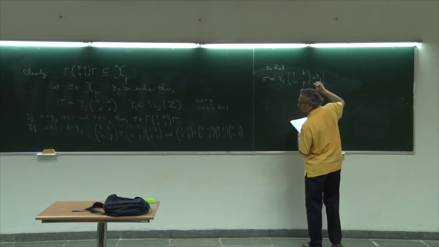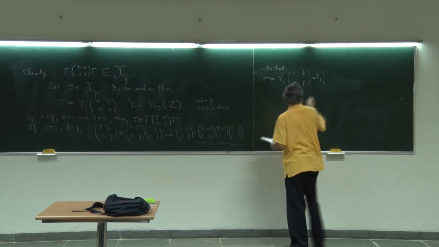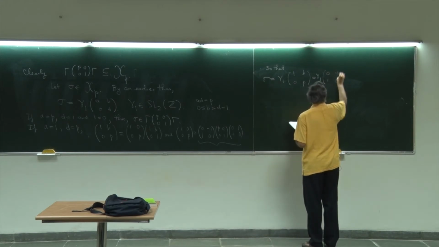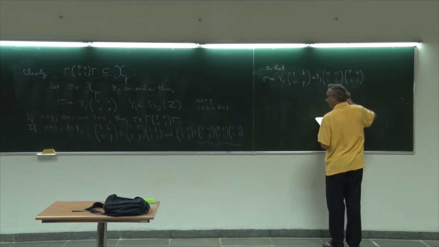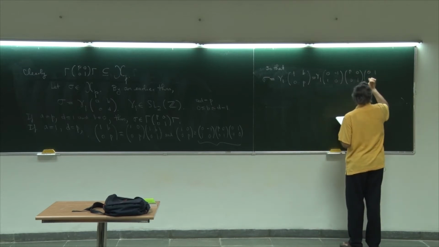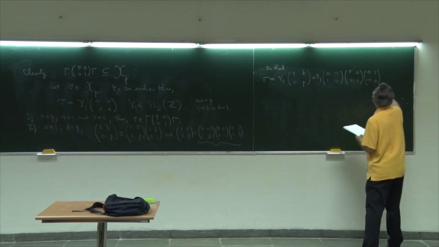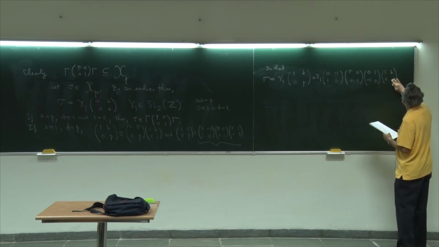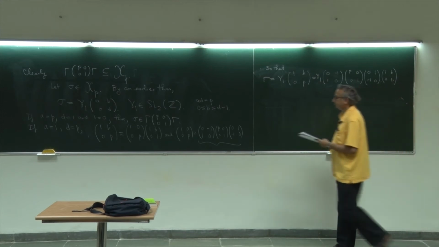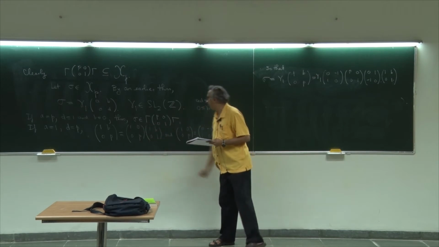You take all these matrices and put them in here. So (1 b; 0 p) is being written in this fashion.